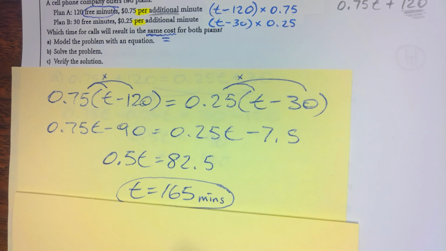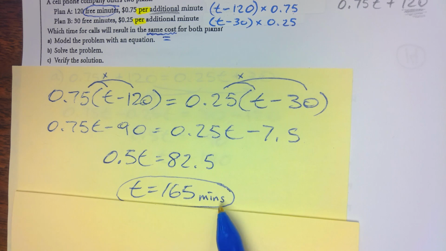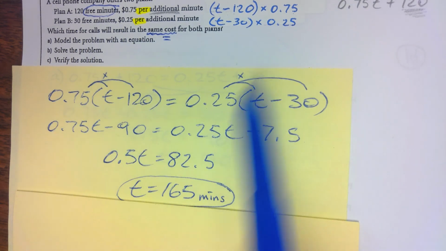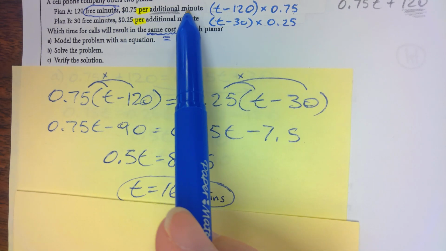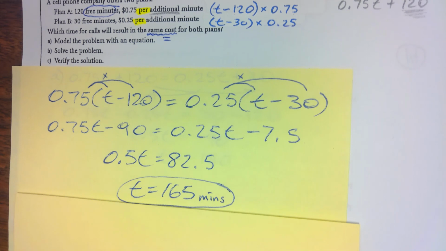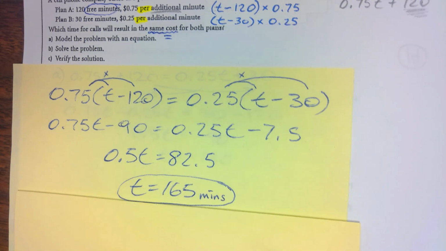Okay, so how do I do the check in this case? Input it where? For t. So back to the original statement. So if you just think logically, even if you got this equation wrong, think logically.